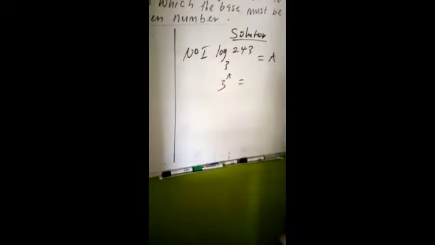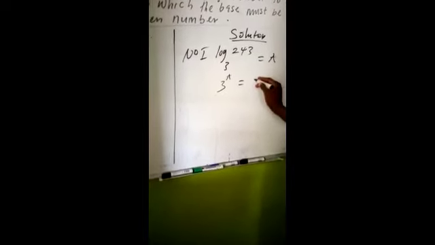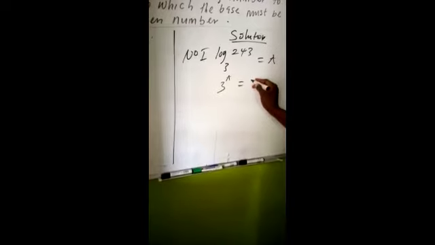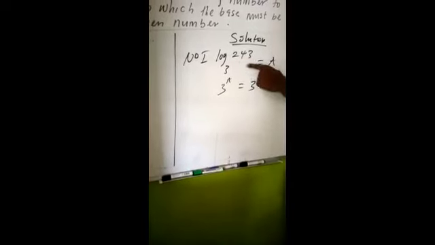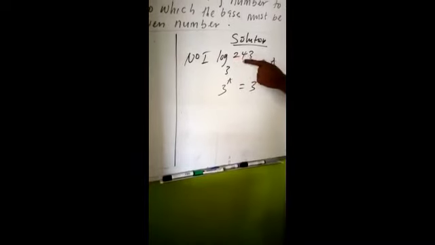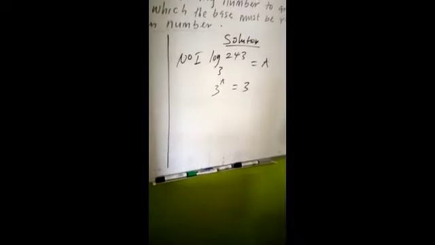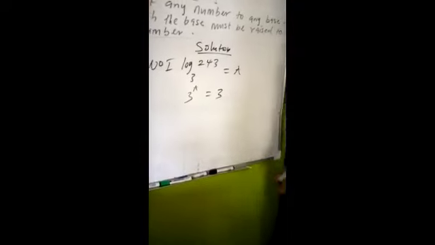Then this place will give me 3 raised to power, by asking how many 3s are inside 243. How many 3s are inside 243? The number of 3s inside 243 is 5.